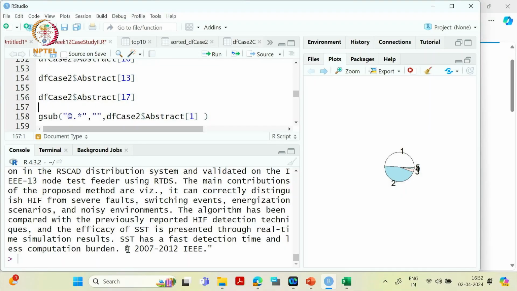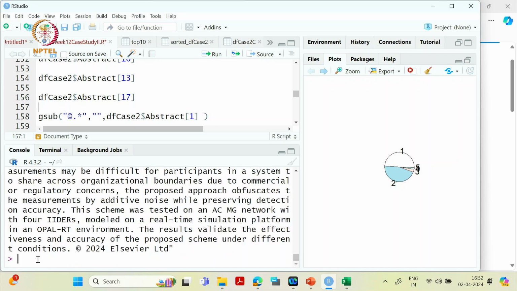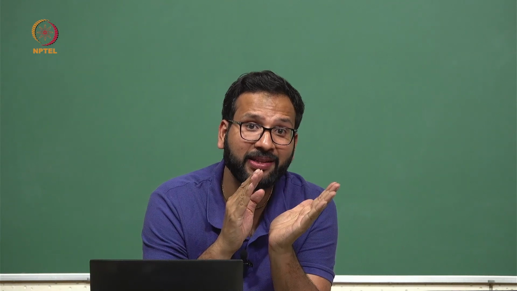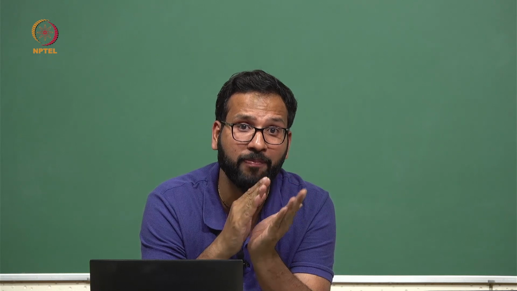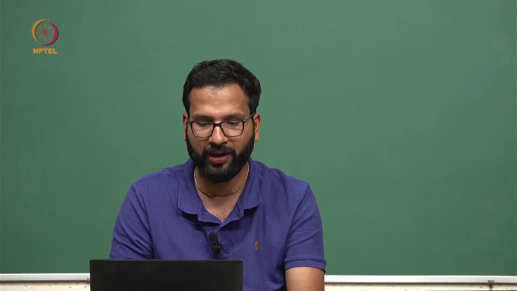So if you see this particular abstract here, after the C, this is what we have to remove. Then in this, after this copyright symbol, this can be removed. Then here also. So one thing we have easily found is that we have to make a pattern in such a way that whatever comes after the copyright symbol, you remove it.